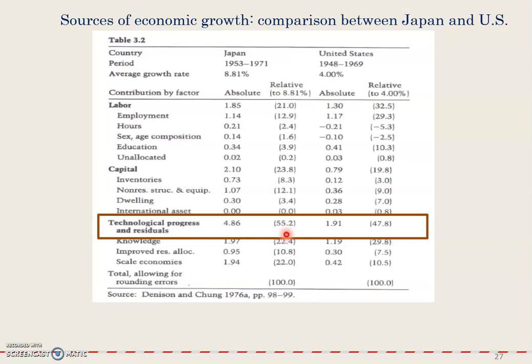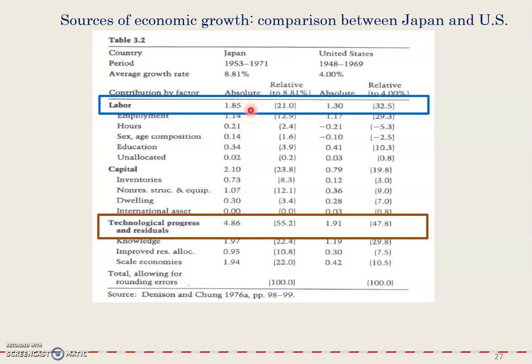And for the same factor in the United States, technological progress contributes 1.91 percentage points of overall growth, which is about 48% of the overall growth. Okay, so as you could say, technological innovation is even more important for Japanese economic growth than for the U.S.